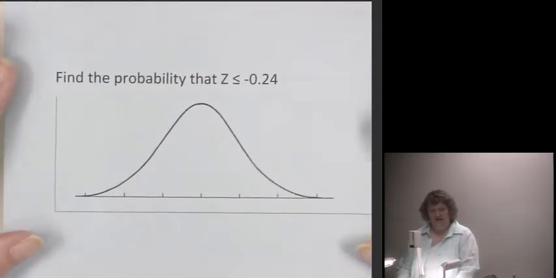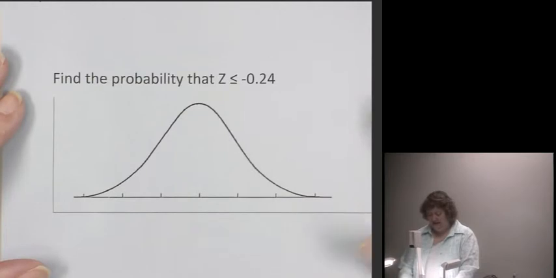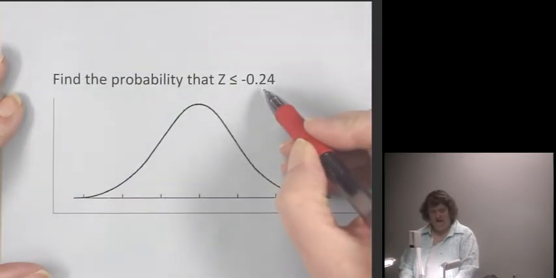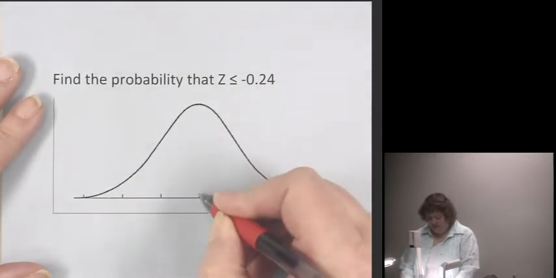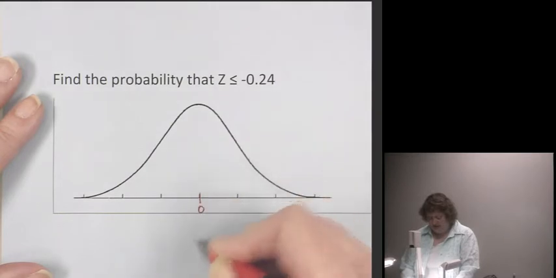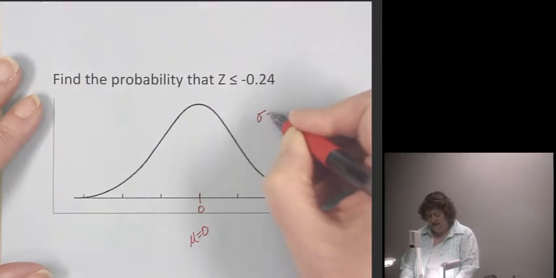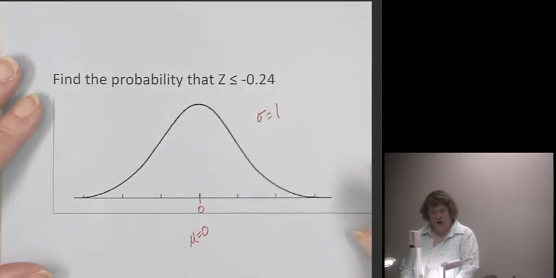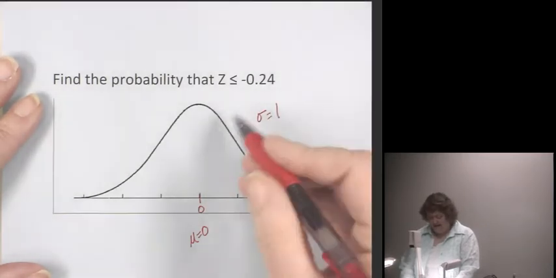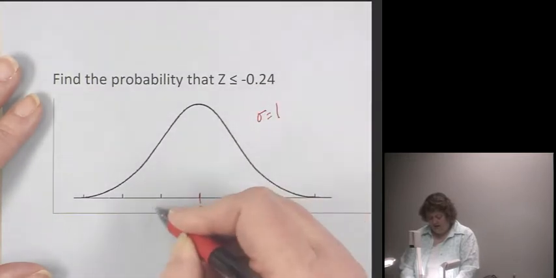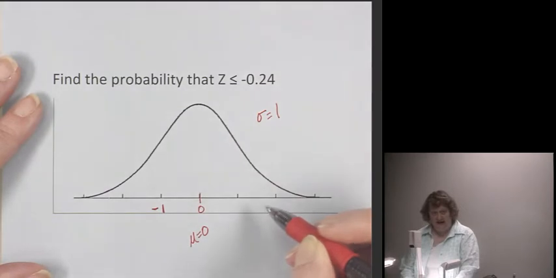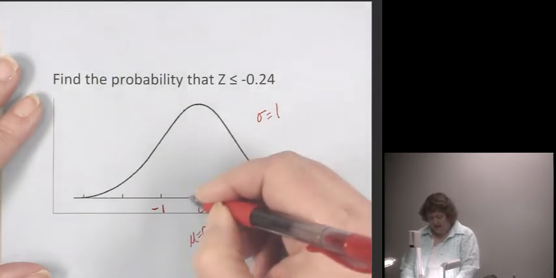Again, another less than. In this case, my number is negative 0.24. Again, remember that 0 is in your center. That is where, in our case, because we're doing the standard normal, the mean is 0 and the standard deviation is 1. And since 0.24 is negative, it's going to go on the negative side, but will be just slightly below.